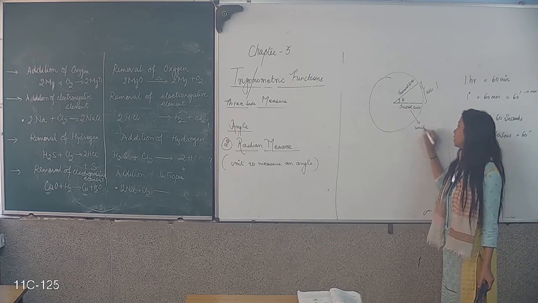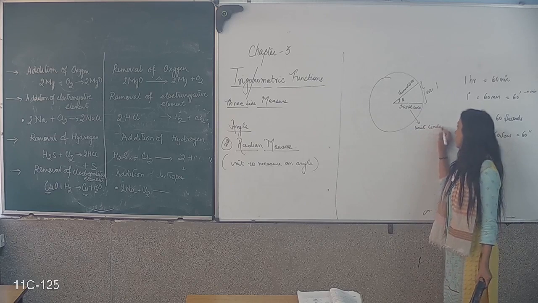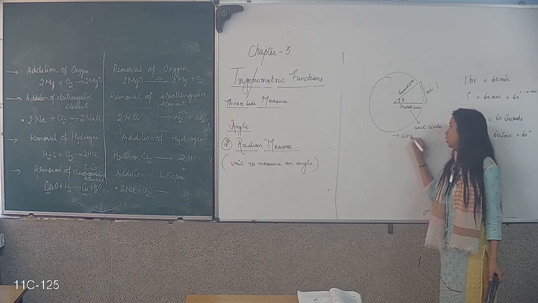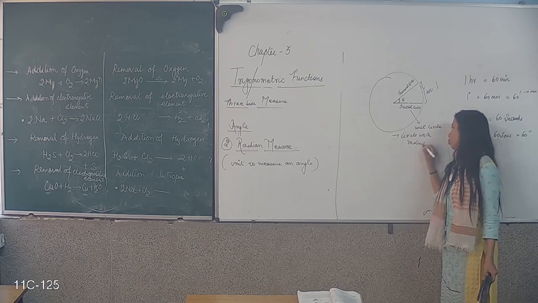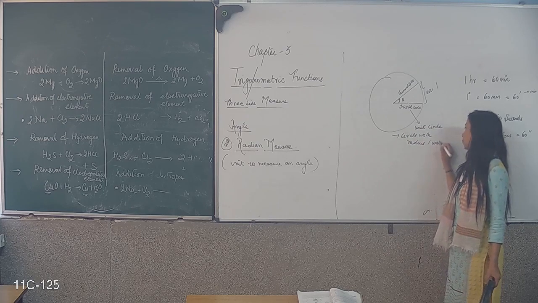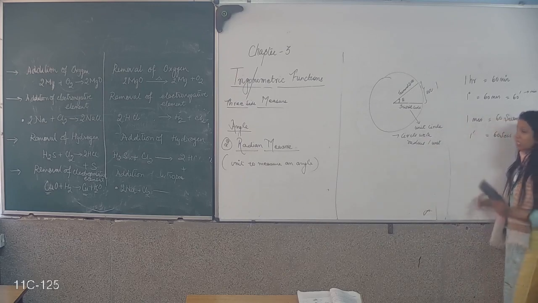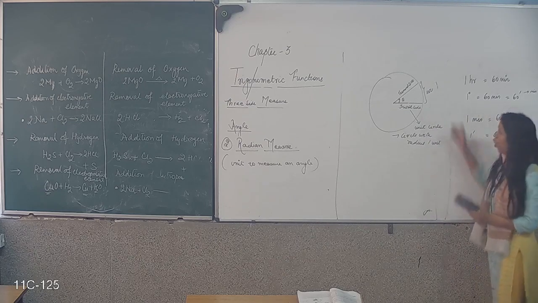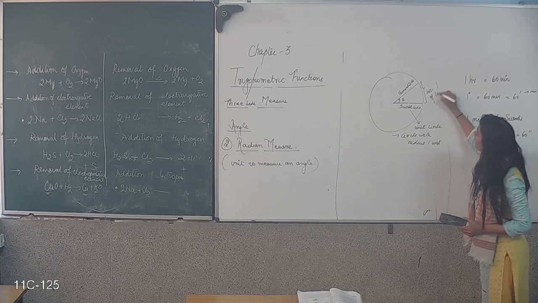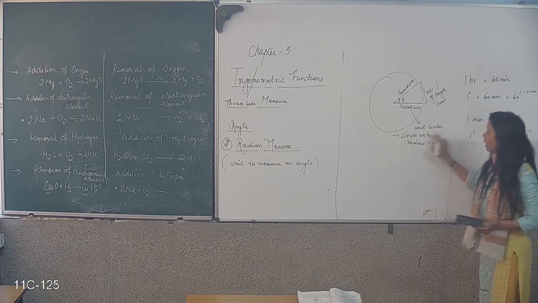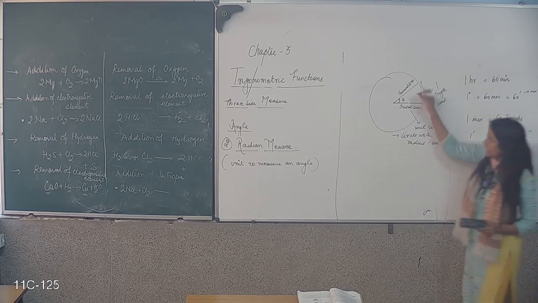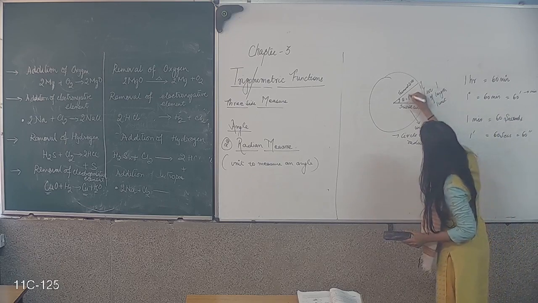Unit circle means a circle with radius 1 unit. The angle subtended by an arc of length 1 unit in a unit circle is said to have 1 radian.